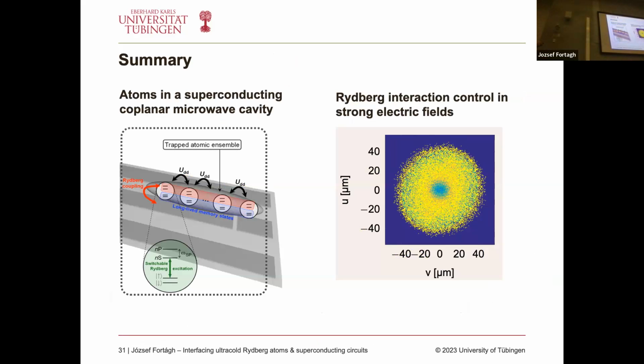The Rydberg atoms that interact via the cavity over long distance get an additional next neighbor controllable interaction by slightly changing the electric field. And the fact that at high fields, the ionization can be switched off fast, is an interesting opportunity.